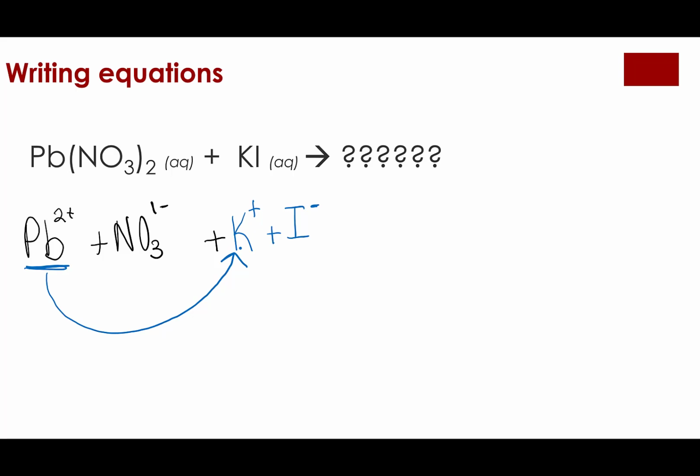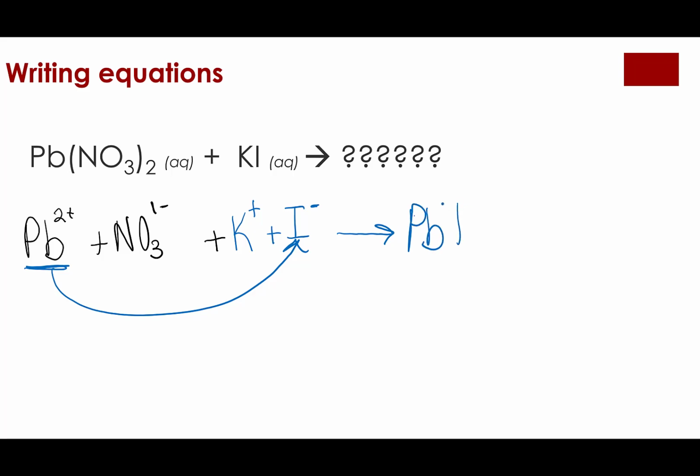Positive and positive are not attracted to one another. So the only other partner that makes sense for lead would be this iodine over here, right? That's the only other negatively charged ion. So when this magical chemistry happens, one of the new products is going to be lead attached to iodine. Okay? We'll talk about the charges in just a minute.